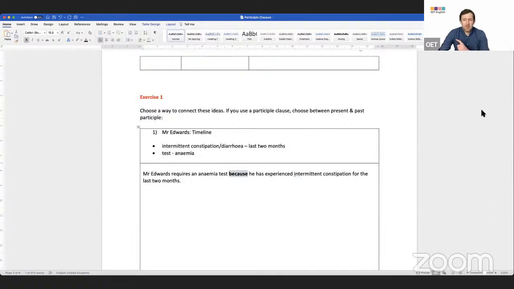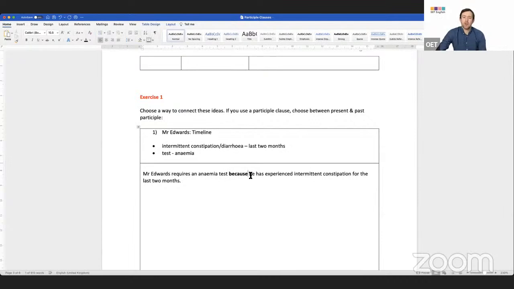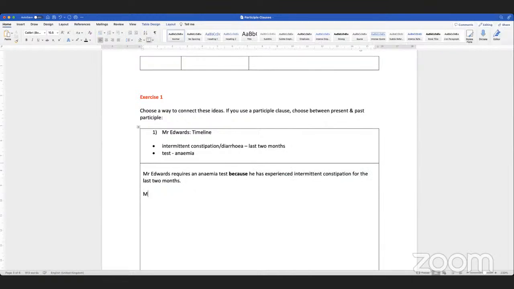Okay. So, Ezgi, are you there? Hi, Ezgi. Okay, so because shows me a cause, doesn't it? Yes. So what we can see is up to today, starting 2 months ago, intermittent constipation. If I wanted to put that into a result, I could start with this bit, couldn't I? Yes.